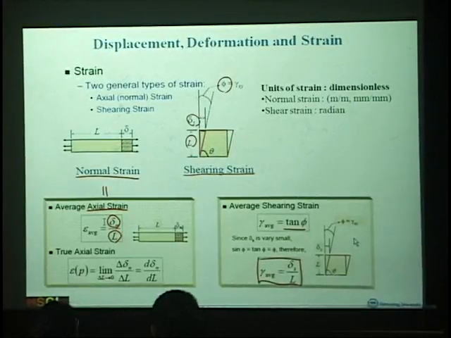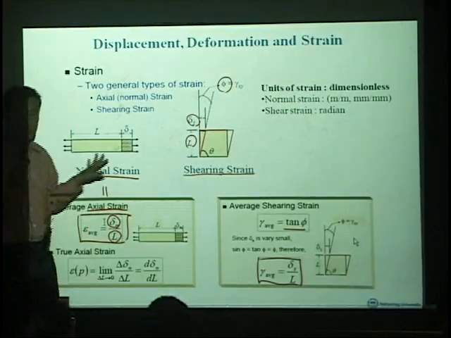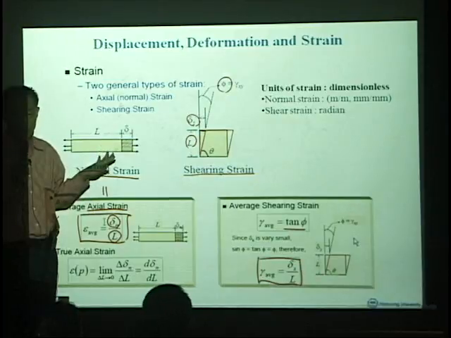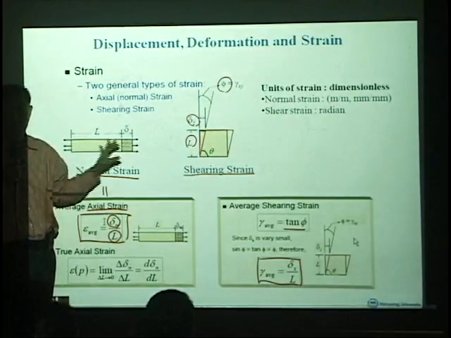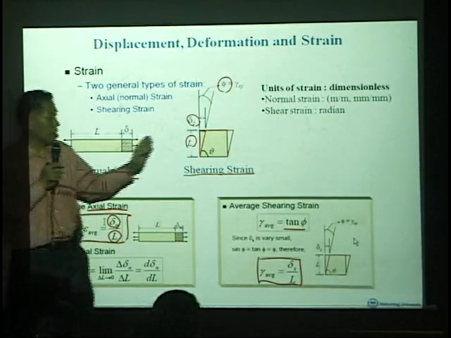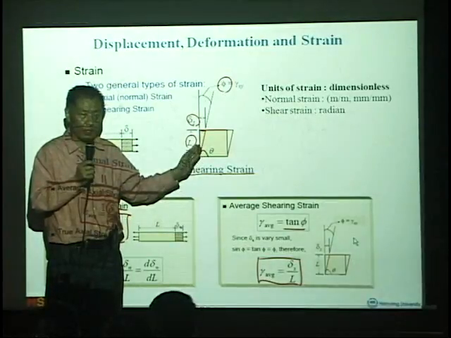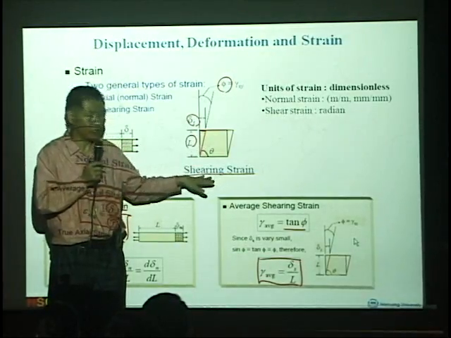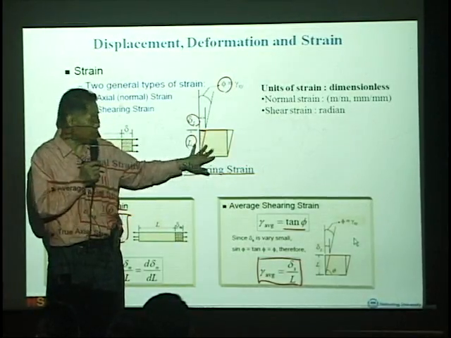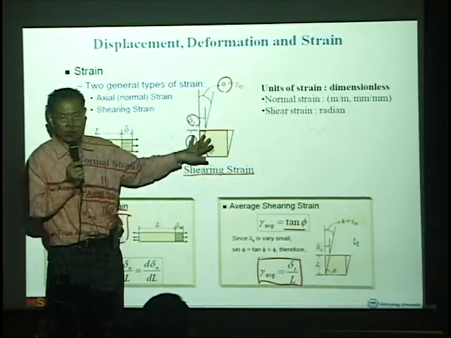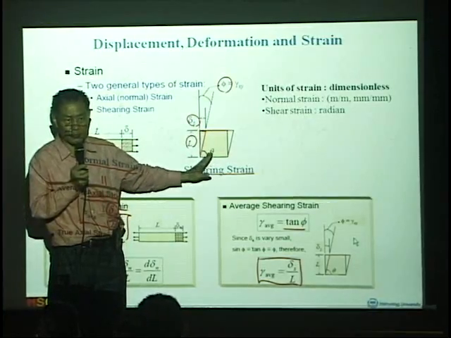And this is the definition of the axial strain. Again, this normal strain is very similar to spring deformation, but we cannot define this shearing strain in a spring. This happens only in two-dimensional space.